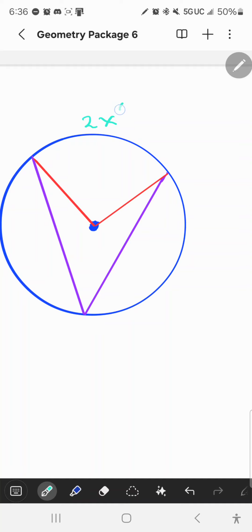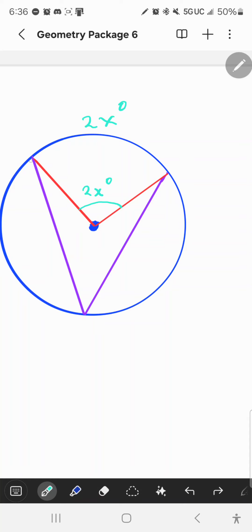Now, if the measure of this arc is 2x degrees, then the measure of this angle right here is 2x degrees. This is a central angle. It's an angle that goes from the center to the side. So it measures the same as the arc, but it needs to come from the center.